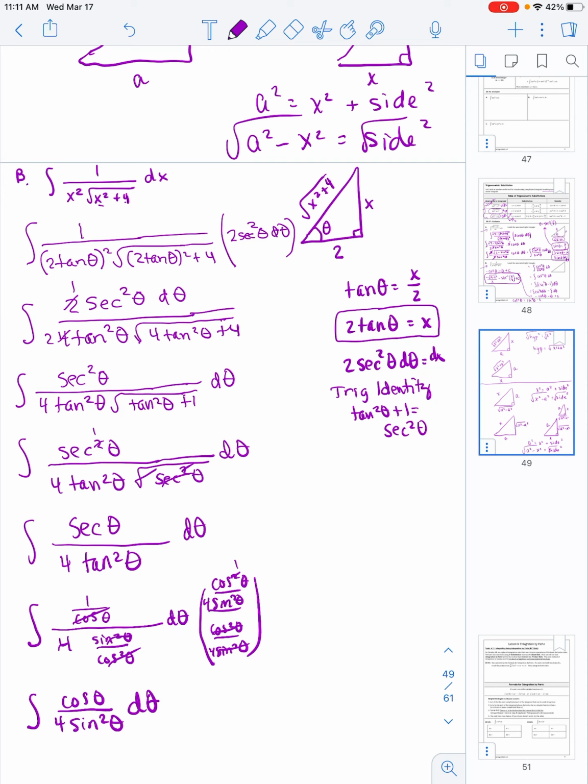Now you can make your u sine theta. Now you can do the u substitution, because your du is going to be cosine theta d theta, and you'll solve for d theta.